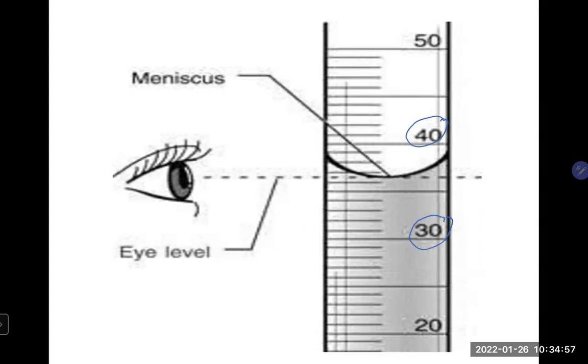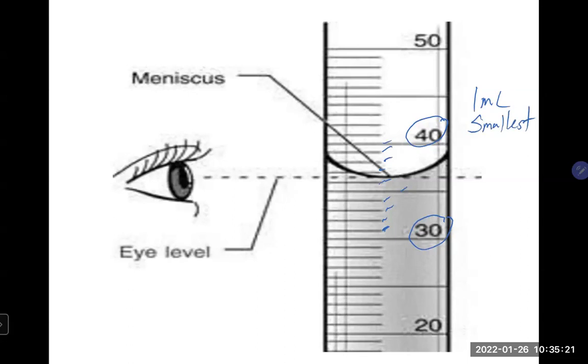And we start counting here. So that's 1, 2, 3, 4, 5, 6, 7, 8, 9, and then 40 coming there. So in this particular case, each of the smallest markings represents 1 milliliter. Obviously, the biggest markings represent 10, right, as we go through.